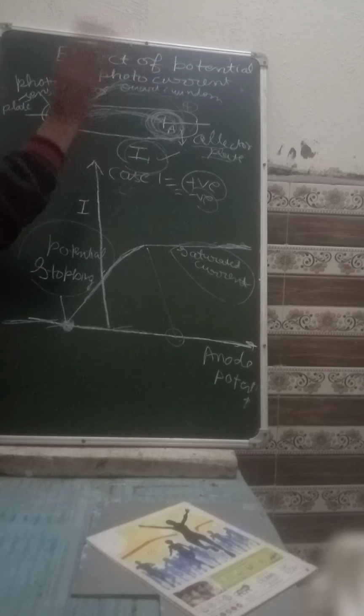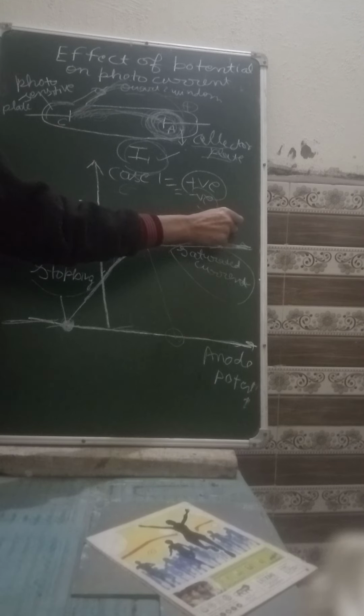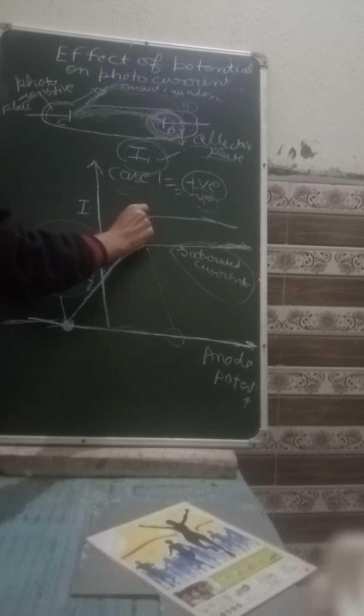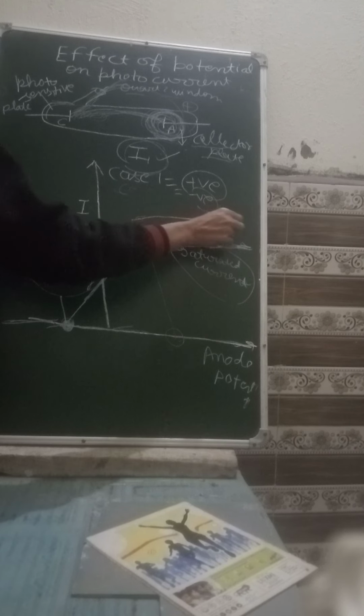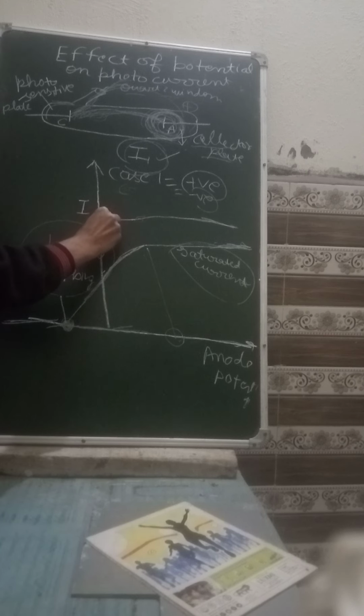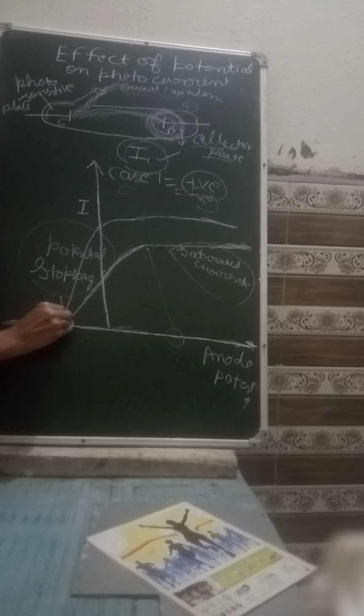If we increase the intensity, we obtain a similar curve, but the only difference is that the value of the saturation current will be more than the previous one. But the stopping potential we get is the same.